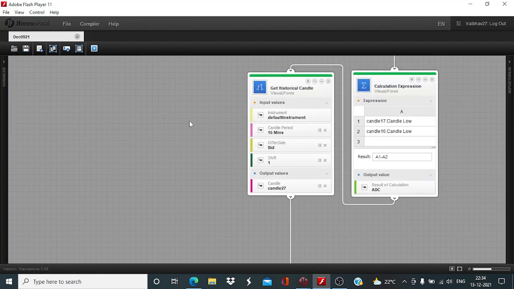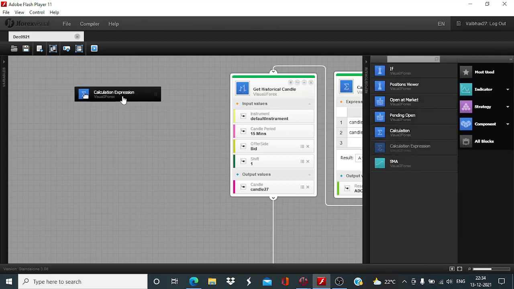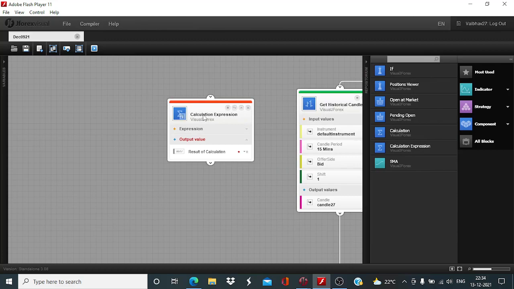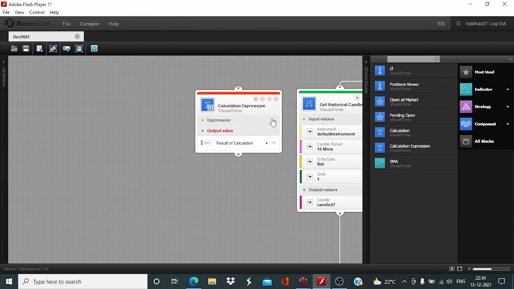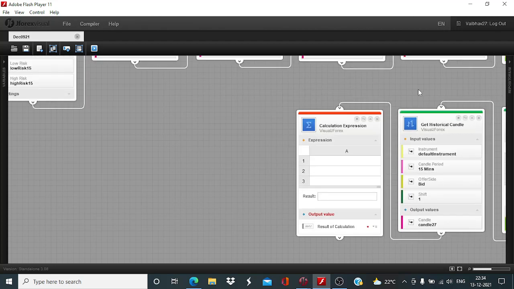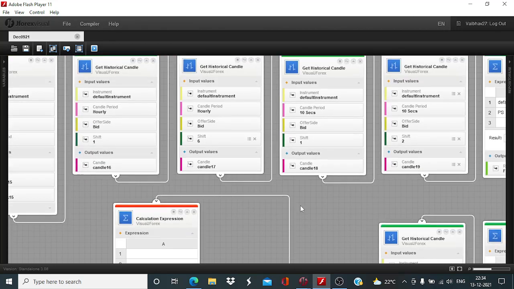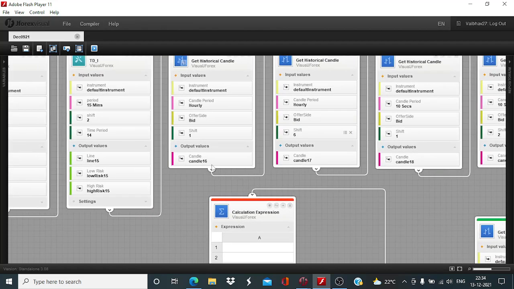For that, I will have to add one calculation expression block. Here we take into consideration the candle 16 candle high and candle 17 candle high.